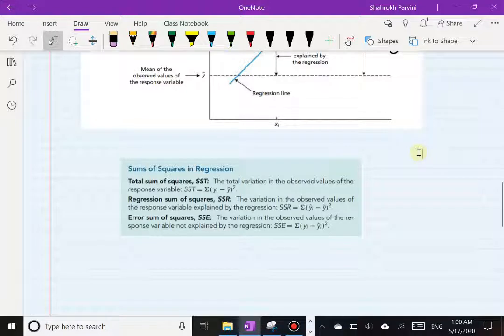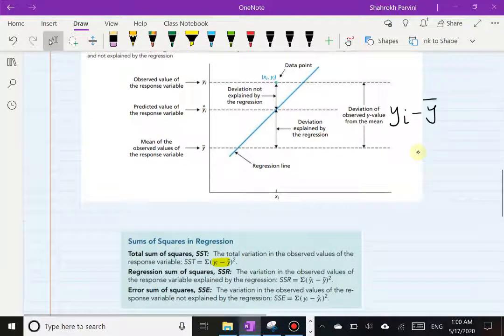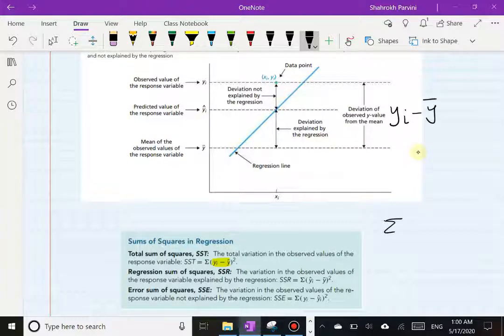Now, the deviation of an individual observation from the mean. Remember, that's yi minus y bar. So we're going to square those deviations. And in chapter 3, we faced this once before, because if you don't square them, the sum of the deviations about the mean is 0, right? We did this much earlier. Sigma of yi minus y bar is 0.